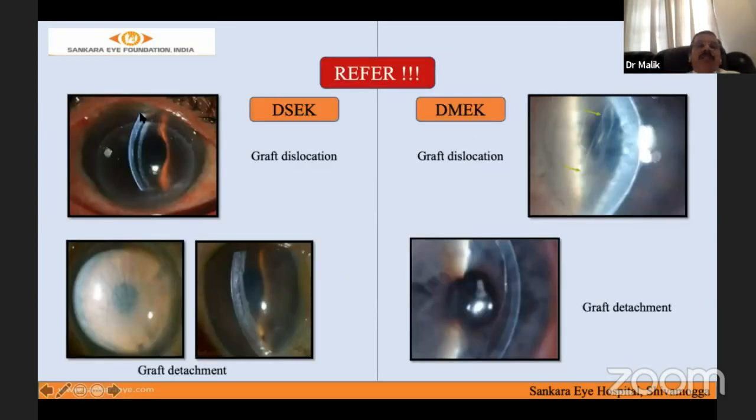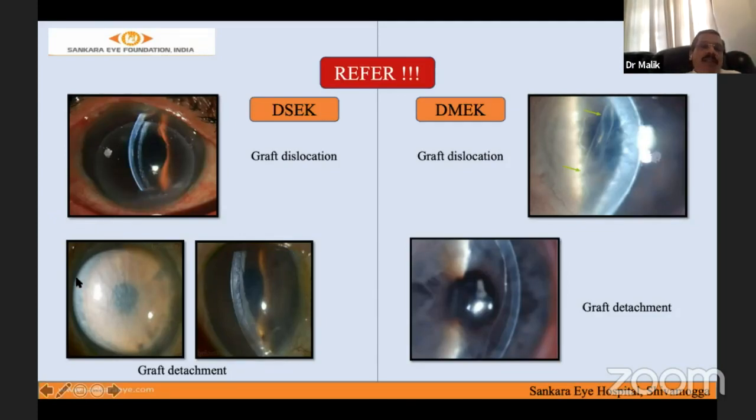When to refer these patients? So in DSEK, if the graft is dislocated, in the sense it has displaced from its central place. If you see here, it is sinking down. It is not in the central area, it is sinking down. Also in the slit image, you can see the gap between the cornea and the DSEK lenticule.